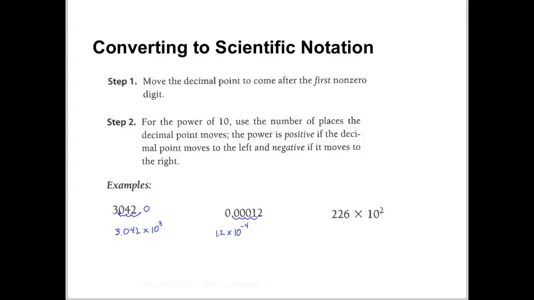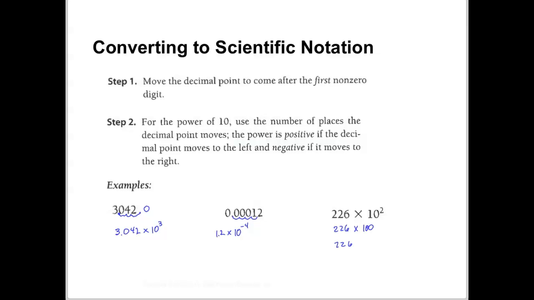All right, the last one, what I'm going to do first is actually multiply this out to be a standard number, and then I'll reconvert it back to scientific notation. The reason this isn't currently in scientific notation is because this is not between 1 and 10, right? So this is really 226 times 100.